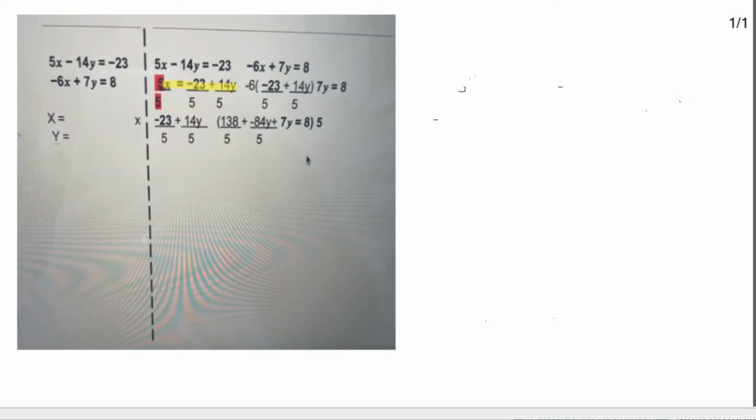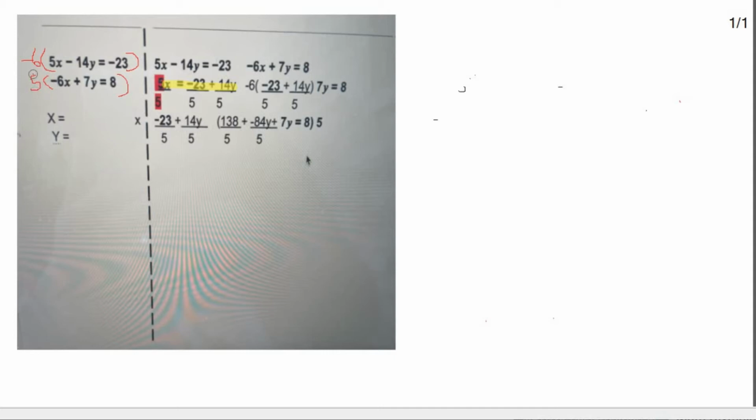So now, having said that, what we're going to actually do is multiply this entire equation here by the -6. And then we're going to take the second equation and multiply this one by the 5. So we're just switching them.